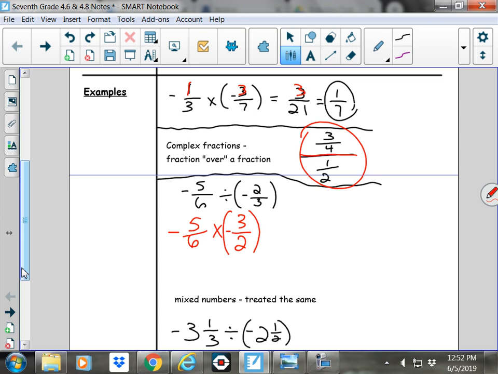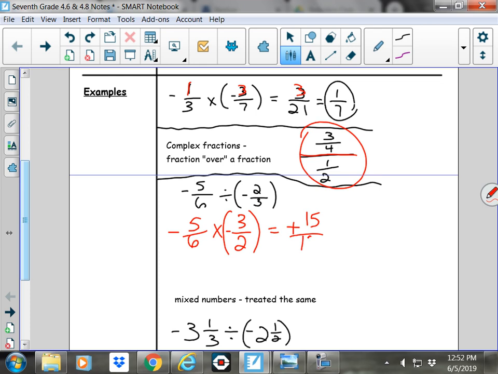Alright, so now you can take the negative sign with the whole fraction and say, oh, a negative times a negative equals a positive, or you can think of it as negative 5 times negative 3 is going to get you positive 15. So you end up with the same answer.